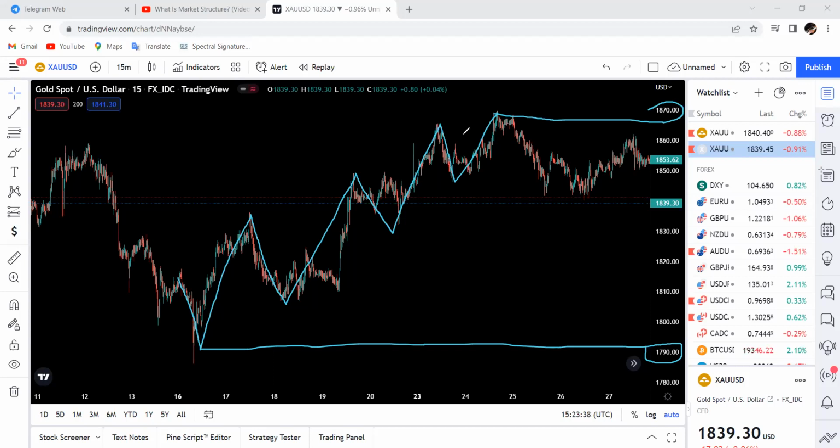The 1870. So we realized that there has been an increase in price. Since there is an increase in price, that is one of the characteristics of the uptrend market, apart from us noticing the higher highs and higher lows. An increase in price is also one of the characteristics of the uptrend market.